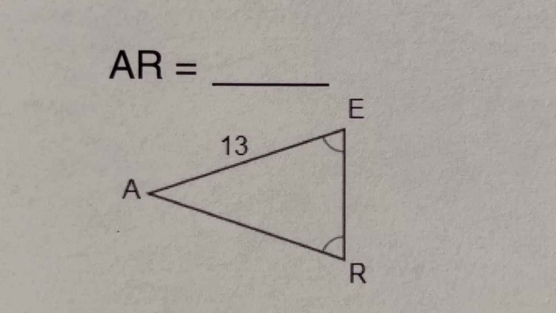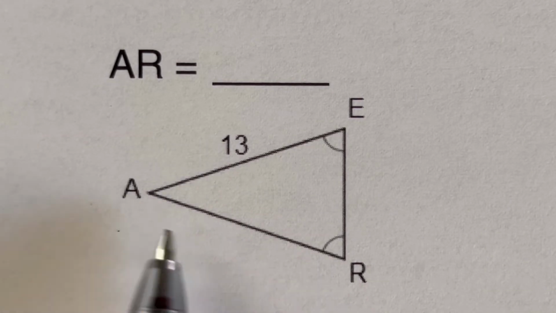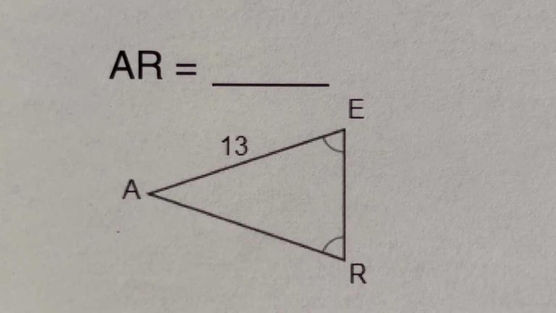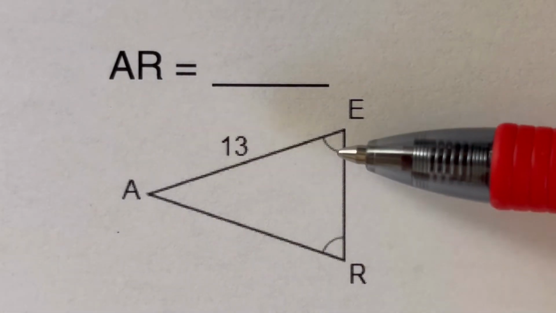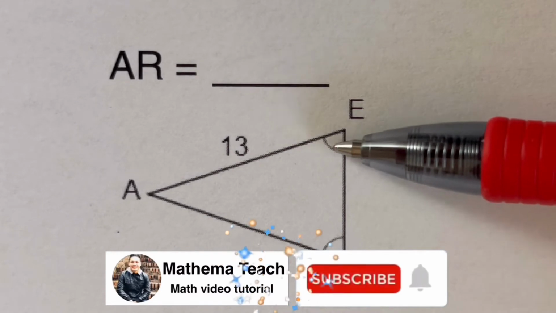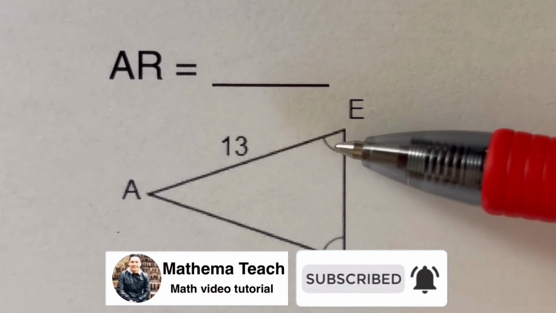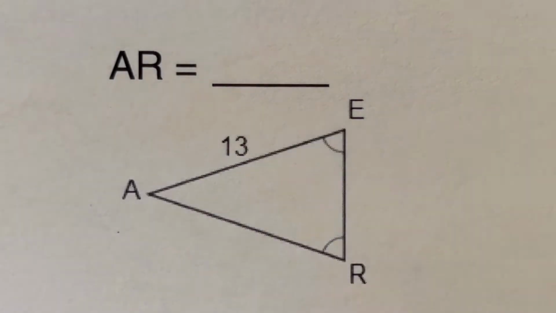In this example, we're supposed to determine the length of side AR. So AR means from A going to R. Now, we can notice that both of these angles, R and E, are congruent to each other. This tick mark here tells us that they are congruent. That means that the side across from E and the side across from R would be equal.